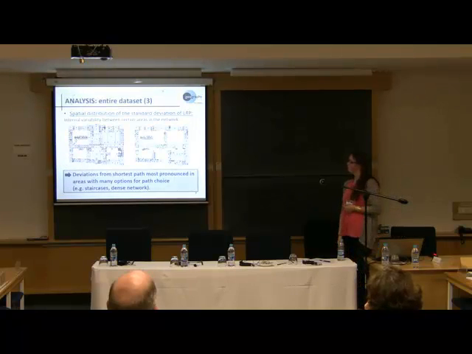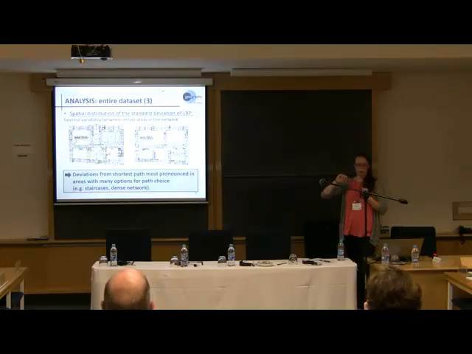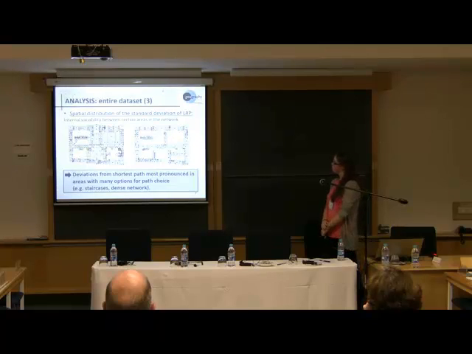Next, we wanted to know if there were differences in the internal variability in our building, if certain areas perform better or worse in terms of being close to the shortest path route. These two figures show, on the left-hand side the ground floor and on the right-hand side the first floor, the standard deviation of the length difference.